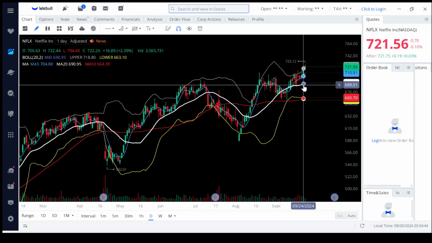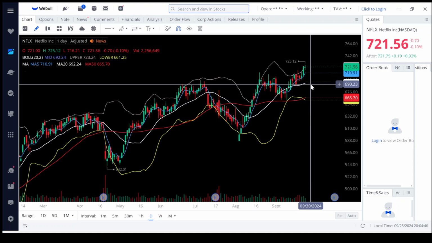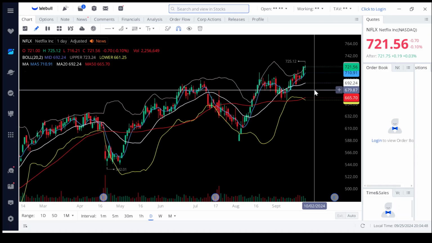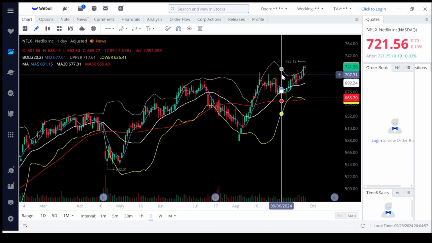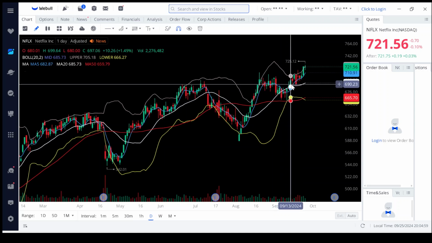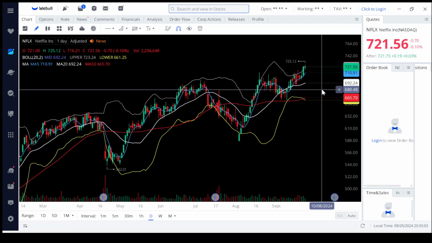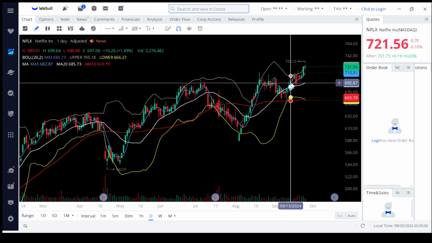Now, Netflix, I think we see a pullback again, and I would like to see that down to 700, and it needs to hold. Then that's going to be really a big confirmation, because we have seen these breakouts before on Netflix, and then things come back. And now that we got that target, a brand new all-time high, things can pull back easily. But watch this support before we get down to 700.